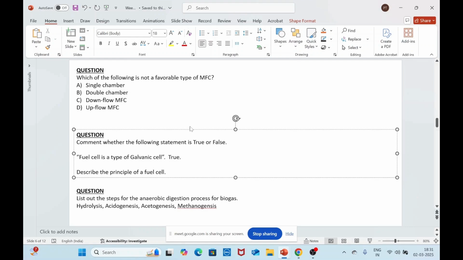Yeah, so in case of a microbial fuel cell, it's going to be microorganisms, or if it's just a fuel cell, then you can just say the fuel is going to get converted to water and some form of energy. So yeah, that's fine.